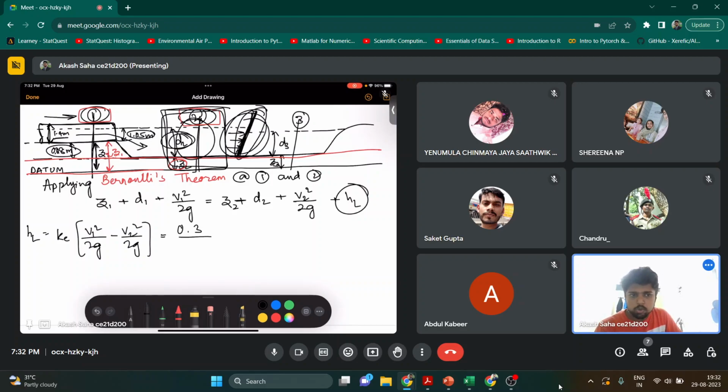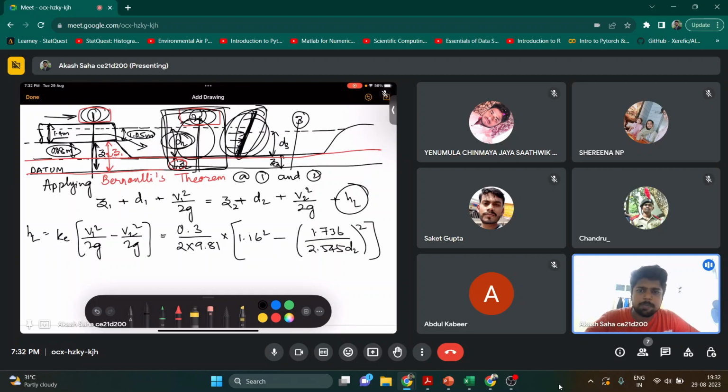I am taking the 2G outside, that is 2 into 9.81 into, now V1 square is remaining. V1 we know is 1.16, given in the question, and V2 square again is (1.736 / 2.545 D2) whole square. So this will be my HL. If I put all these parameters into my equation, I will be getting my D2. I hope it is fine now.